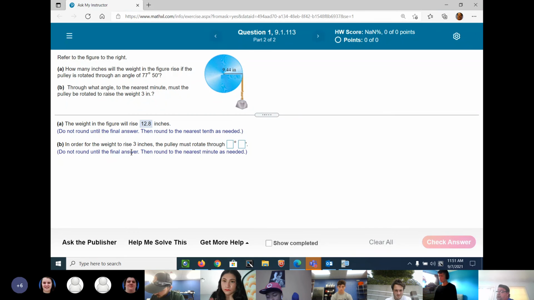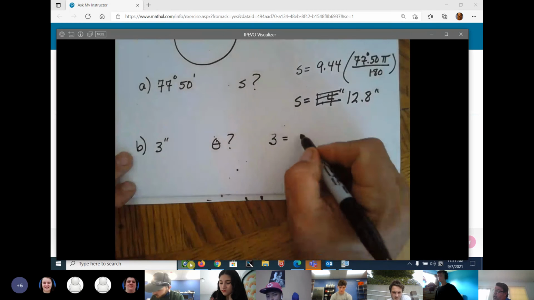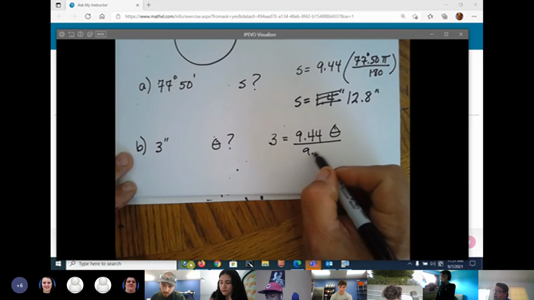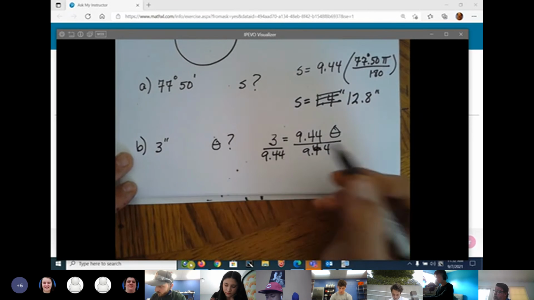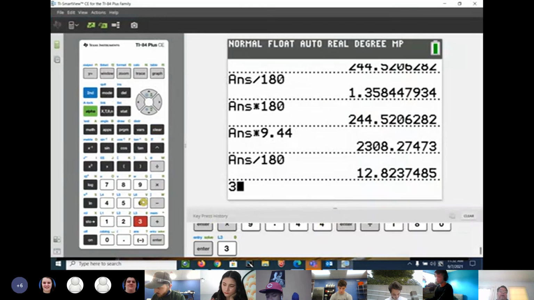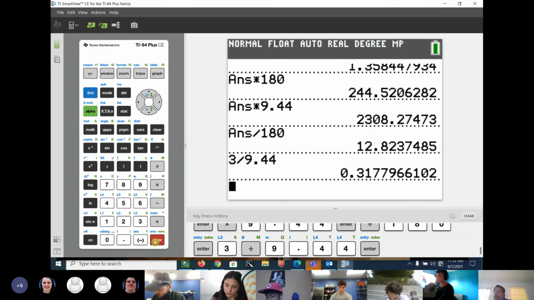And now let's change it. We got 3 inches. So 3 is equal to 9.44 times theta. Divide by 9.44. And that's going to be 3 divided by 9.44, which is 0.31779666102 equals theta.